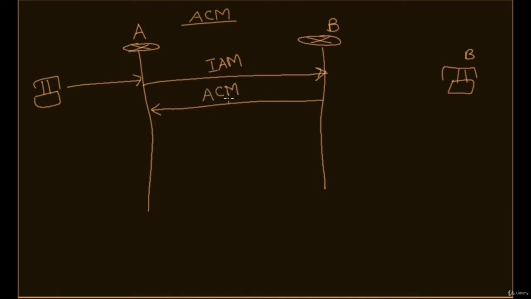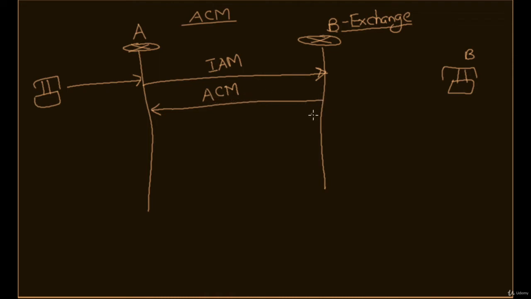Now in this ACM, it is possible that the B exchange has the information about the availability of B party. Like if B party is already engaged, already talking to somebody, then that information is going to be there at this exchange. So it can very well inform about the status of the call in the ACM itself.